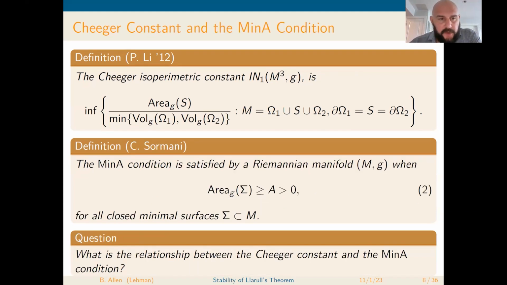And just to tell you about the Min A condition, because this shows up in a lot of similar scalar curvature problems: in that condition, you ask that the area of all closed minimal surfaces be bounded below by some constant A. That also gets rid of bubbling, and also gets rid of this tunneling phenomenon that shows up in other problems with scalar curvature stability. And just a question that I won't really say anything about is, what is the relationship between this Cheeger constant and the Min A condition? This is a question that someone could think about.